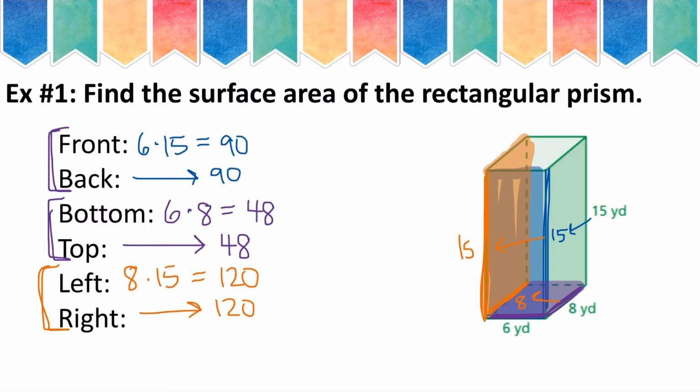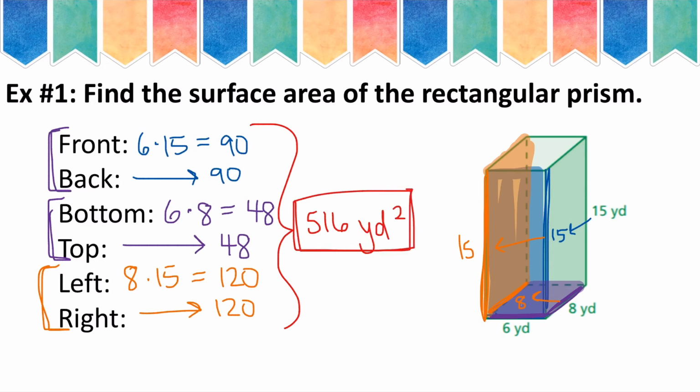Now to find the total surface area, I'm just going to add all of these values together. And I get a total of 516 square yards. And that is my total surface area.